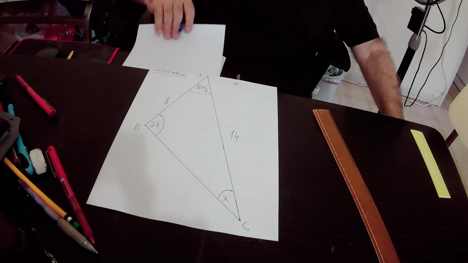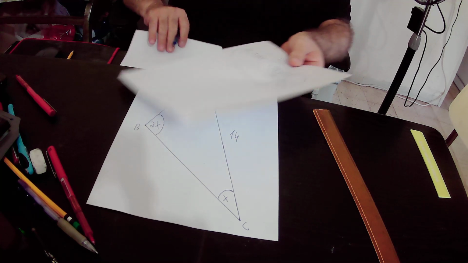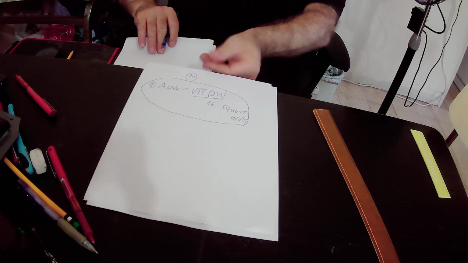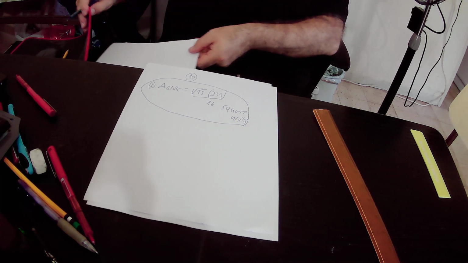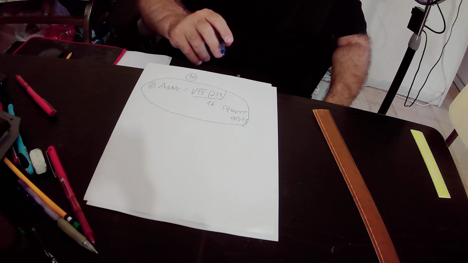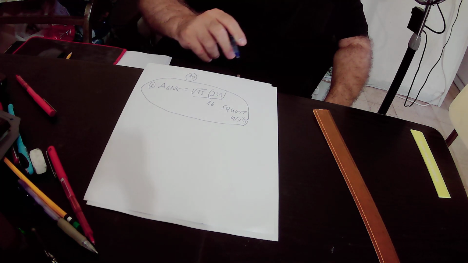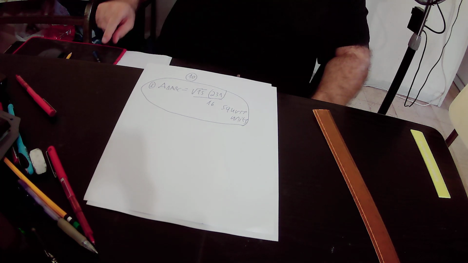Okay, so the area of triangle ABC equals root 15 times 231 over 16 square units.